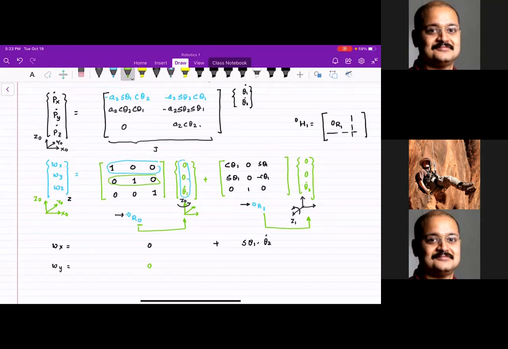Agreed? What happens here? Second row, minus cosine theta 1, theta 2 dot. Are you with me? Omega z, theta 1 dot plus 0.